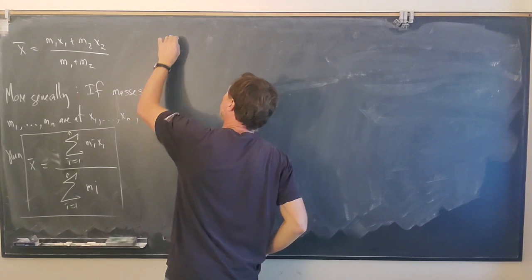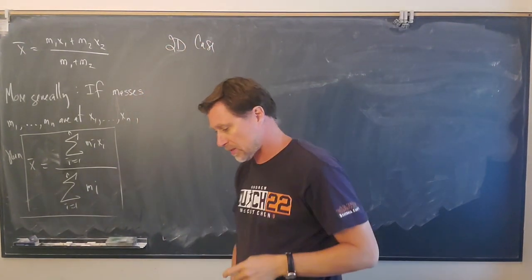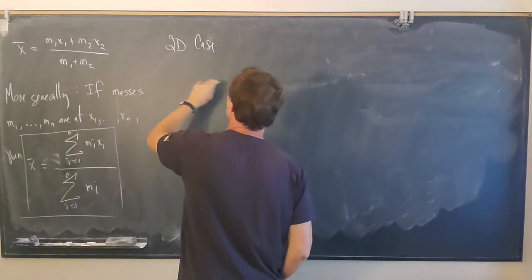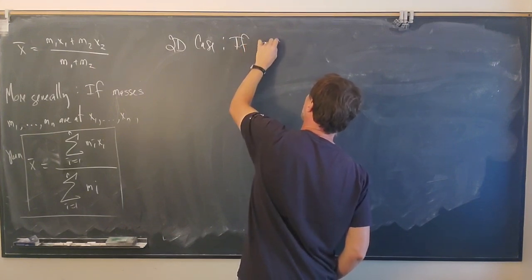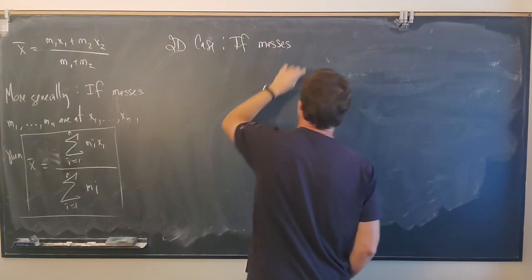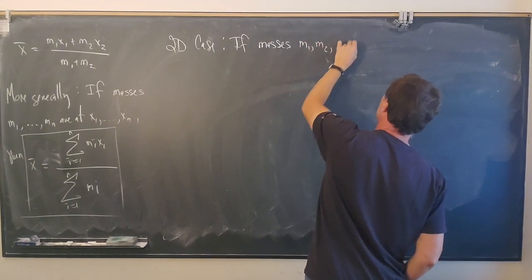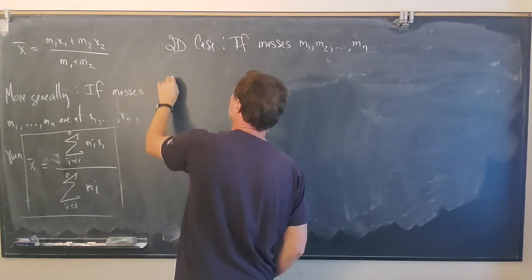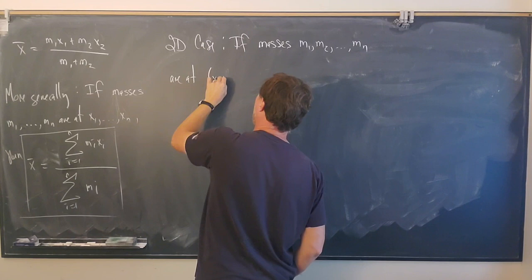So, the 2D case. Now we're going to arrange our masses. So let's say masses m1, m2, dot dot dot up to m sub n are at the following positions, x1 comma y1.